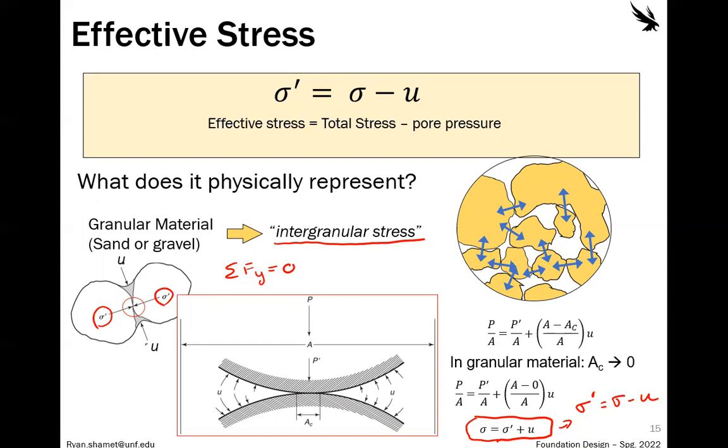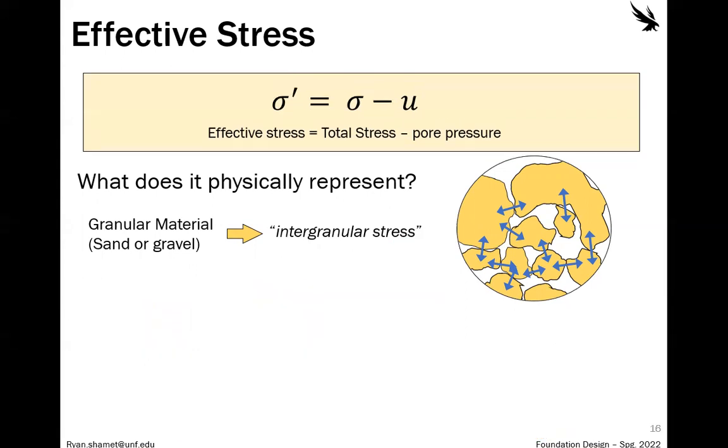If you design for the total stress and we lose the pore water pressure, we lose strength, then it could fail because we don't have that extra accountability. So we want only the intergranules, the grains, to carry the loading from the structure above. So this is for granular, cohesionless soil.